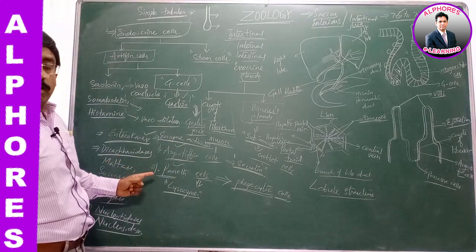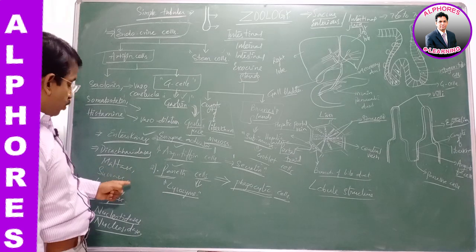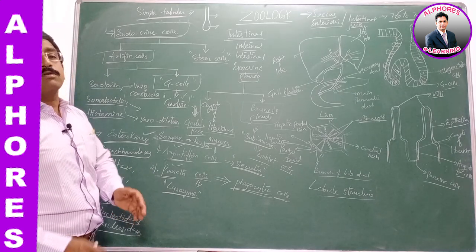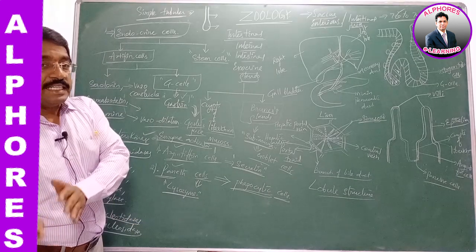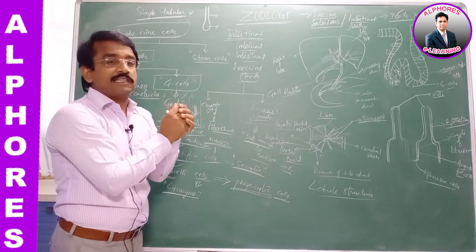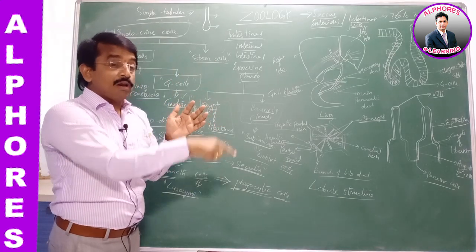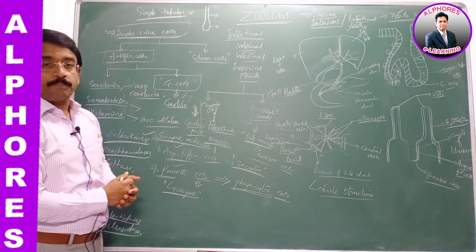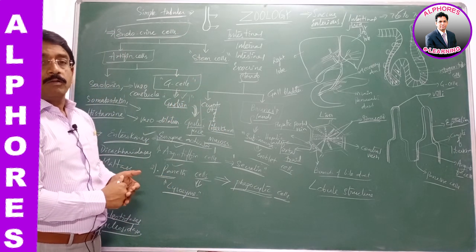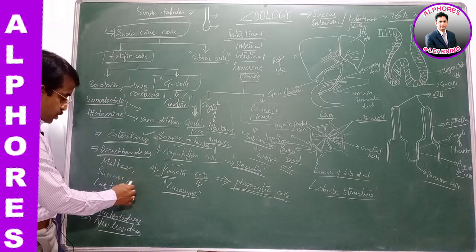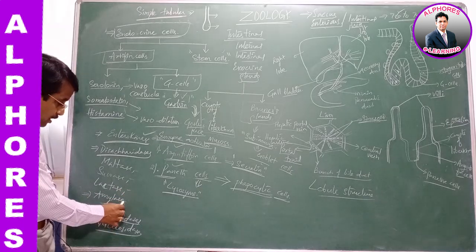Then the disaccharidases, that is maltase, sucrase and lactase, act upon the disaccharides and convert them into monosaccharides. Digestion is a process which completely takes place in the intestine. That's the reason why all the food products are digested here. There are maltase, sucrase, lactase, then amylase.